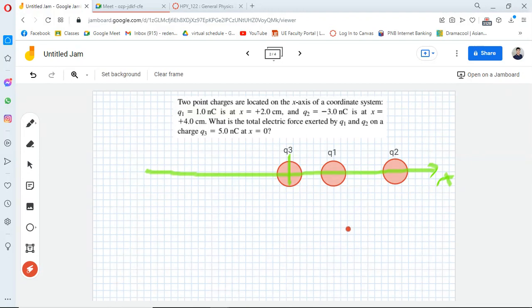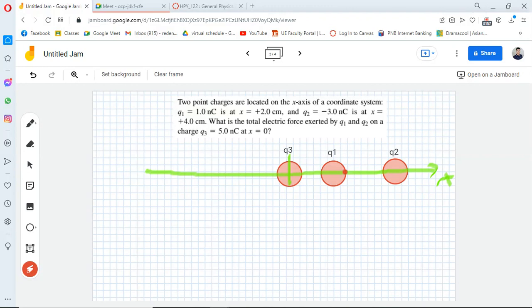Ang next na kailangan natin gawin is labelan natin yung mga forces being experienced. So, ang ating pinaka-concern is the charge Q3. Alamin natin yung mga electric force na kanya na-experience dahil kay Q1 and Q2. Dahil yun yung pinaka-concern, no? What is the total electric force on a charge Q3?